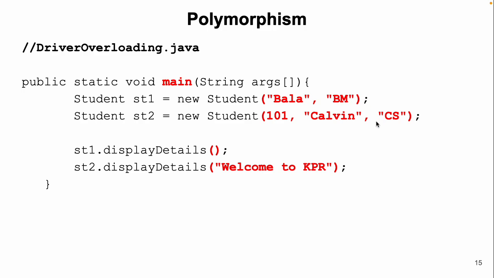The corresponding constructor will be called, and likewise displayDetails with no arguments and displayDetails with one argument. This we call polymorphism, and specifically it is constructor overloading here and method overloading here. These things happen during compilation, compile time. That's why we call it compile time polymorphism.